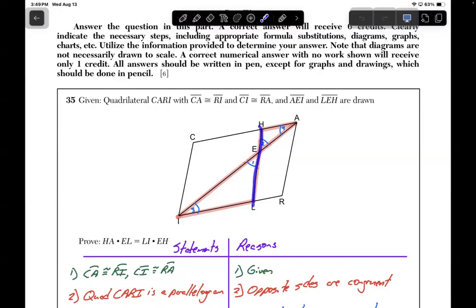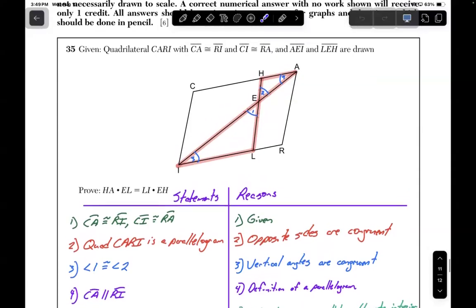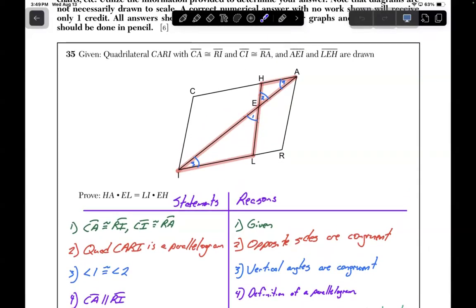So I have to prove these two triangles are similar to each other. But if you ever see an X, you should remember vertical angles. If you write down that one statement here, and I used it in statement 3, you get a point. All right, that point could make all the difference.